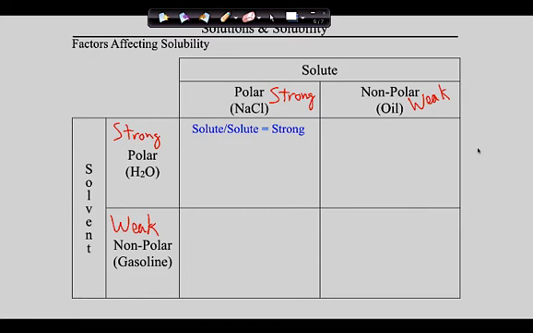So we've got salt. What are those strong forces? Ionic bonds. So guys, what about the solvent-solvent interactions? They are also strong. The hydrogen forces inside of water. You guys may want to write that down. Ionic bond, hydrogen force, just so you know what you're talking about.